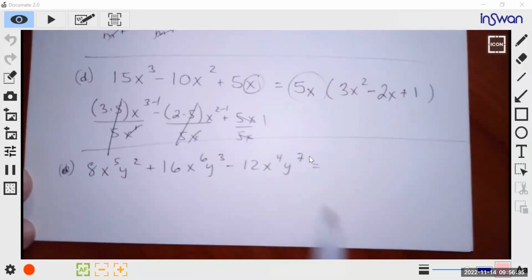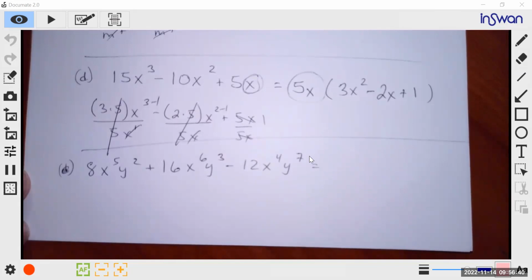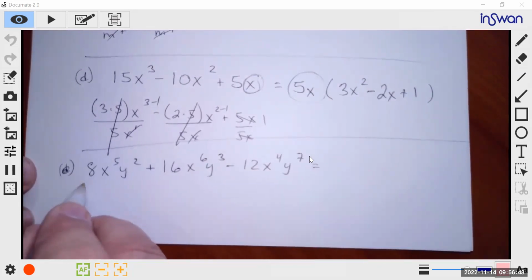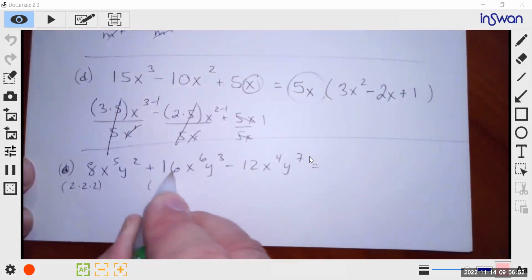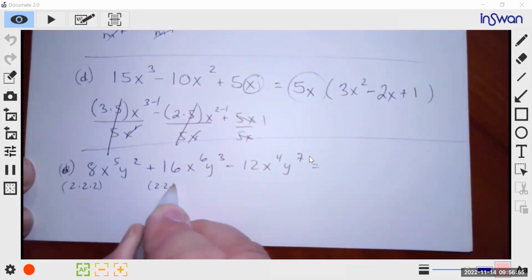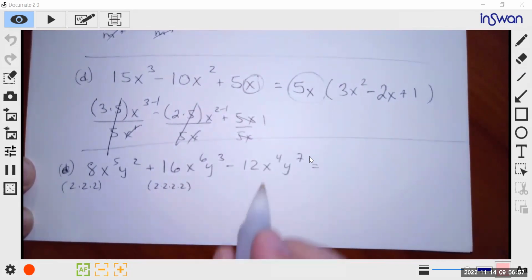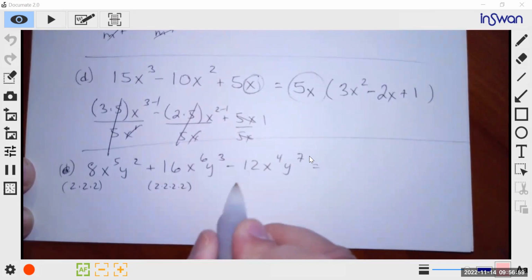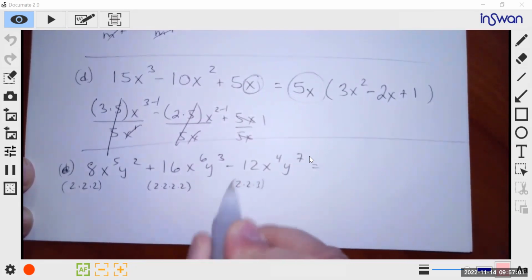All right, what number do they have in common? Or just the number. What numbers is 8, 16, and 12? What do they all have in common? Well, let's look at this. So this is made up of 2 times 2 times 2. This is 2 times 8, which is 2 times 2 times 2 times 2. This is 4 times 3, 2 times 2 times 3.